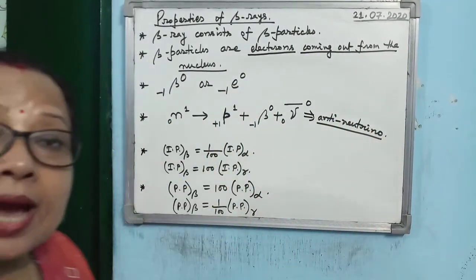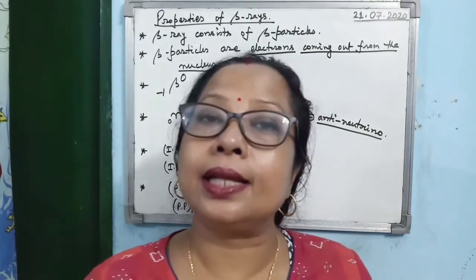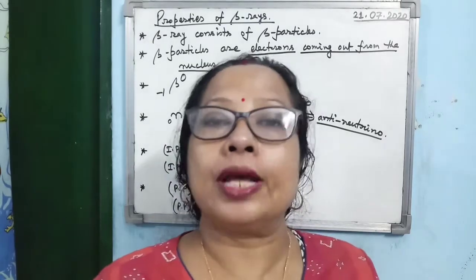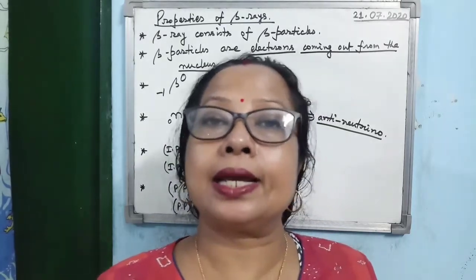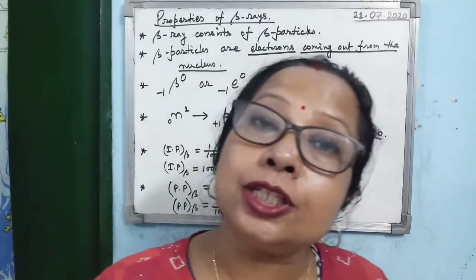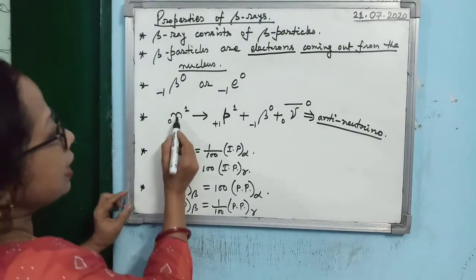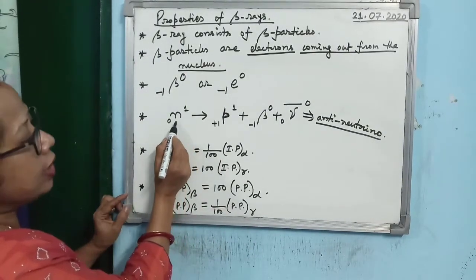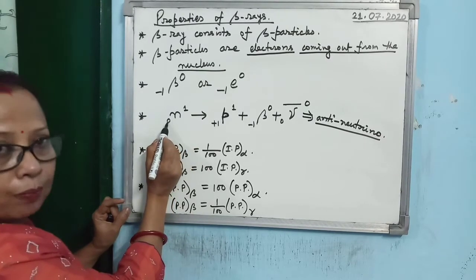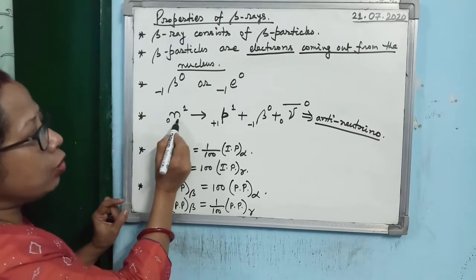So we have to understand where the electrons are coming from inside the nucleus. Just before the emission of a beta particle from the nucleus, a change occurs inside the nucleus. What is the change? Understand it. Here, this is a neutron. A neutron has no charge, so the symbol for a neutron is atomic number 0 and mass number 1, that is 0 n 1.